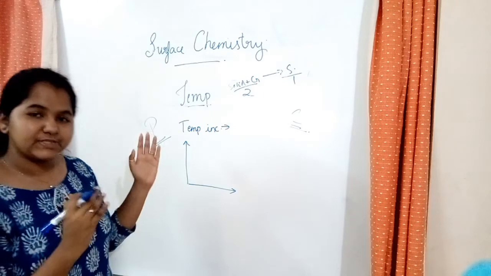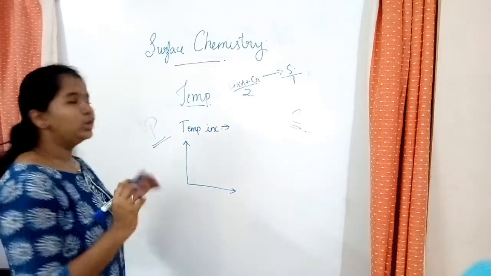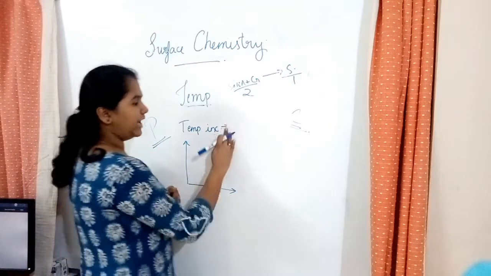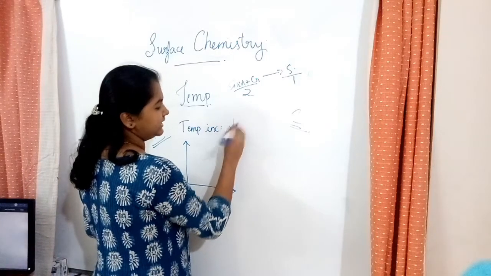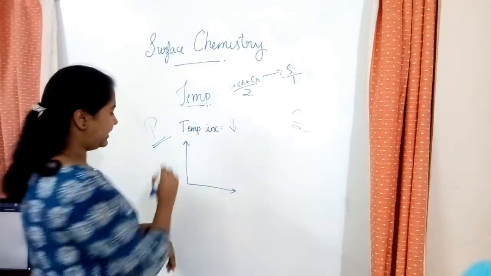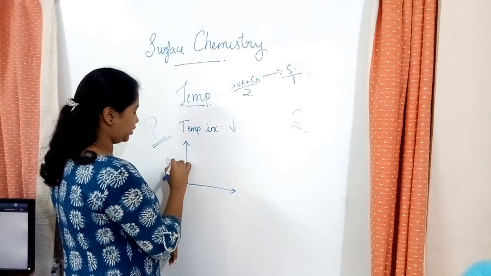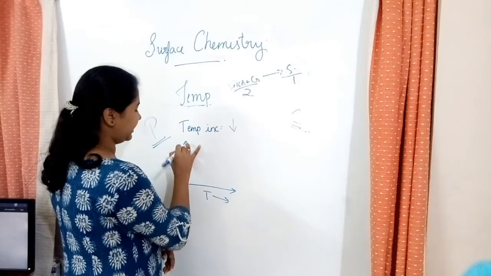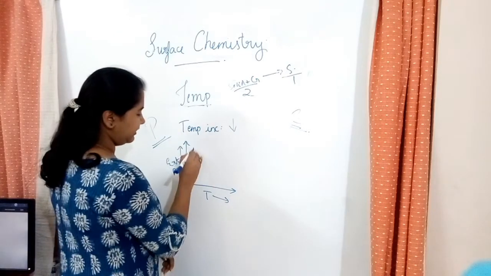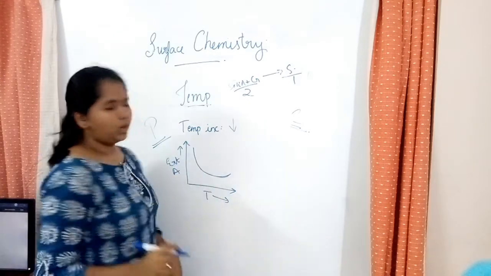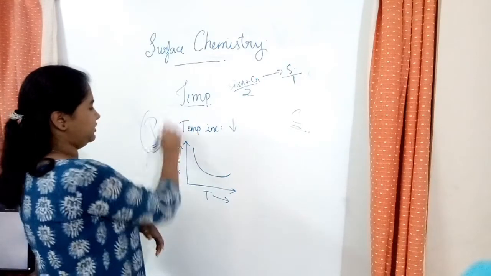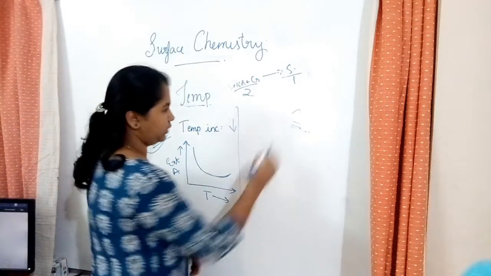When temperature increases, there is a decrease in adsorption. So let's make this the extent of adsorption and this the temperature. Let's plot the graph. The graph would be like this. This is the case of physisorption. Now let's see the case of chemisorption.